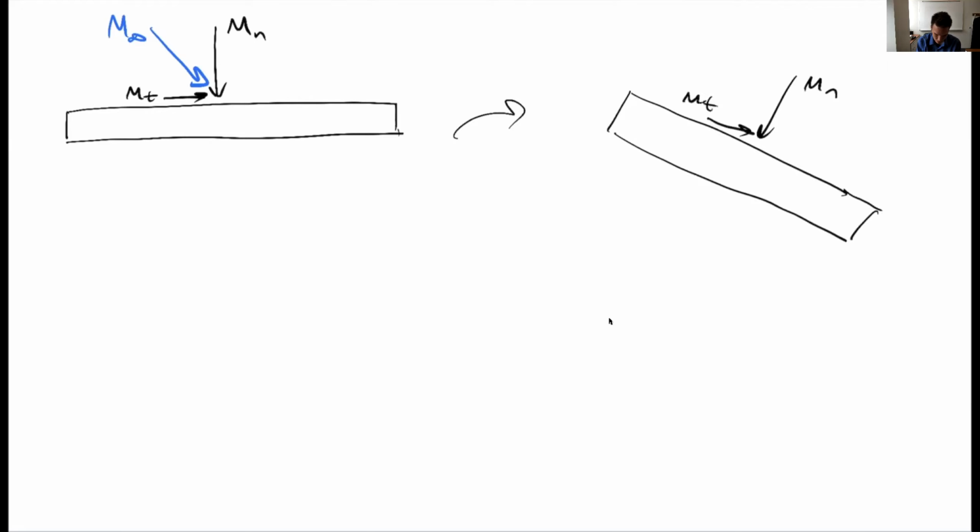This is exactly the same scenario. The free stream is this way. So if I take my wing and sweep it, in this idealized case, the normal Mach number is the only thing that's going to matter for predicting how this drag, or how compressive wave drag, should be affected.